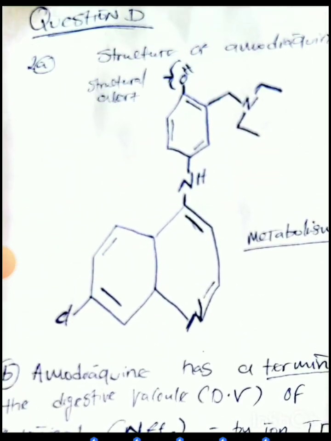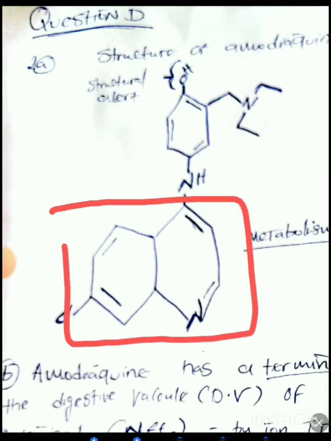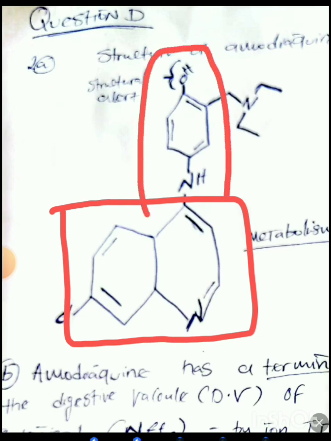So the key points to note in our structure of amodiaquine are the 2 rings. This is our heme binding template, where we have a benzene ring fused with a pyridine ring. These 2 are the aminoquinoline nucleus, and of course we have our amino group, which is the NH on the 4th carbon of the ring.